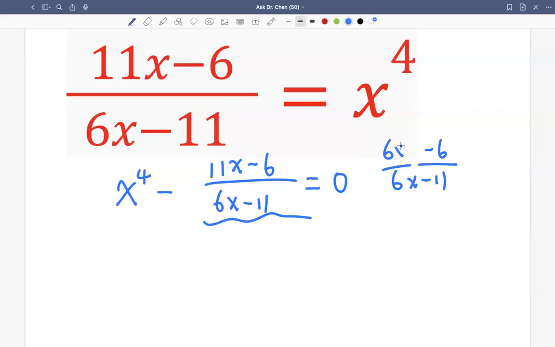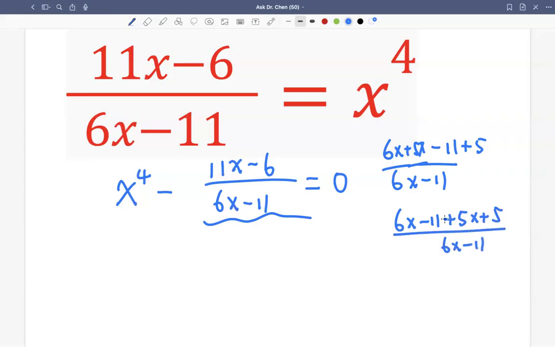Then let's try to manufacture negative 6 into minus 11, because 6x minus 11 we can simplify with the denominator. But I had a negative 6, now I have negative 11, so I have a plus 5. So I can rewrite this as 6x minus 11 plus 5x plus 5, divided by 6x minus 11.